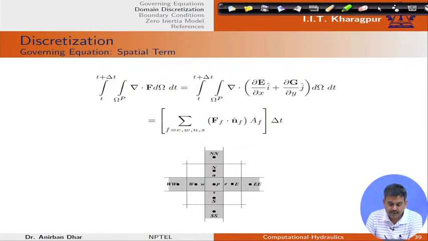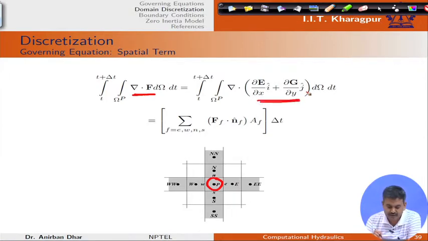Again in this case I can write this for the central cell P. This should be the divergence of f. Divergence of f can be written like this.